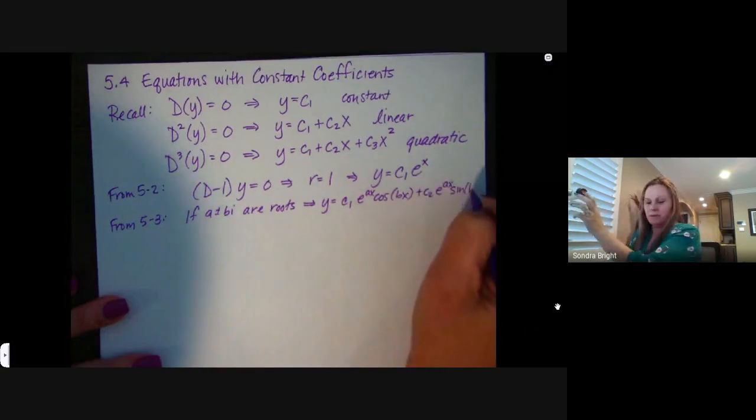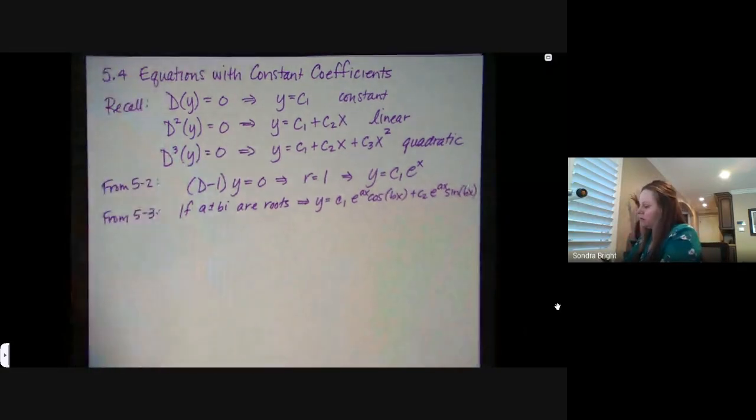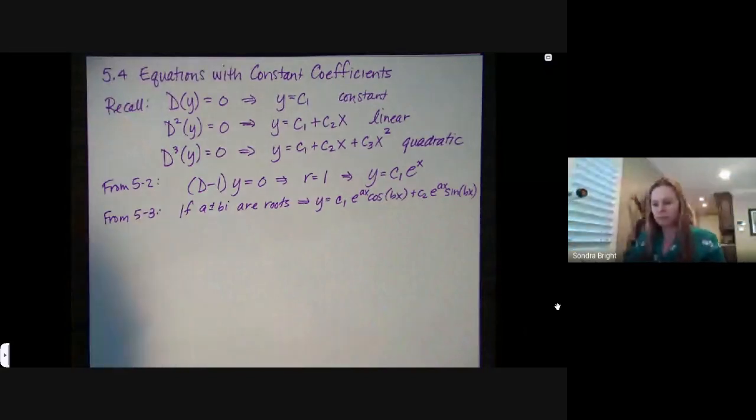So that's what we've learned so far: when the roots were real, and when they were complex, how to handle them and what the general solutions were.